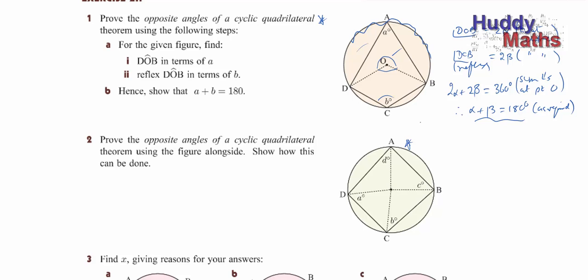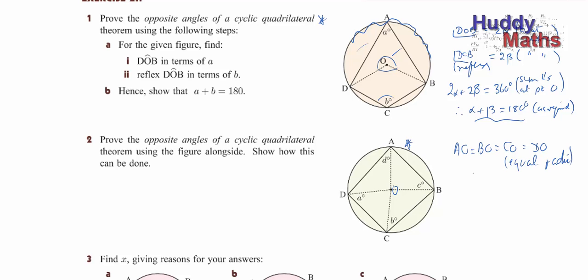Okay, so let's have a look. We've got a well-labelled figure. We've got not much information on it, but of course with a circle, our first piece of information might be equal radii, mightn't it? So this is O, we'll label that O. AO equals BO equals CO equals DO, and these are equal radii.